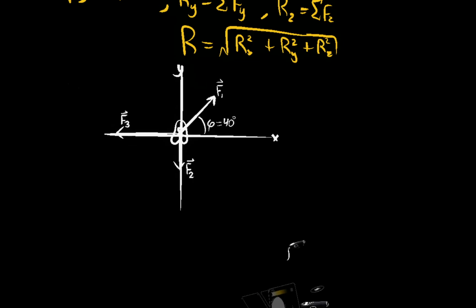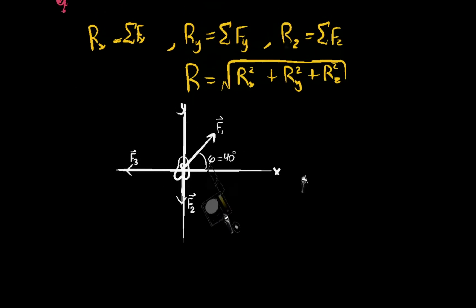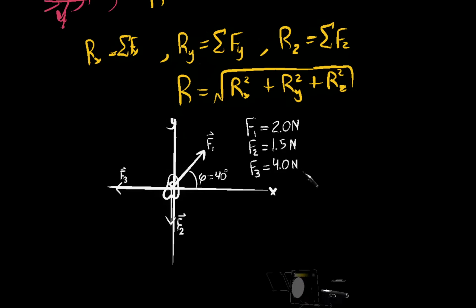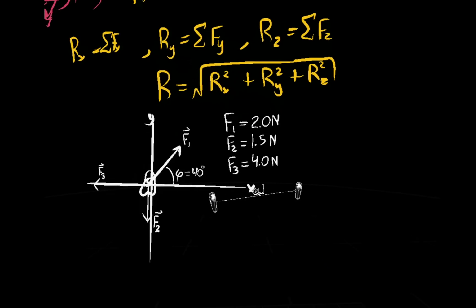And the magnitudes of F1, 2, and 3 are right here. F1 is equal to 2.0 newtons. F2 is equal to 1.5 newtons. And F3 is equal to 4.0 newtons.